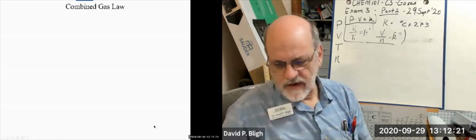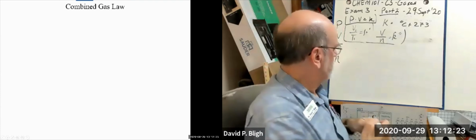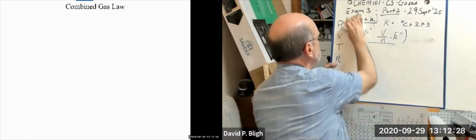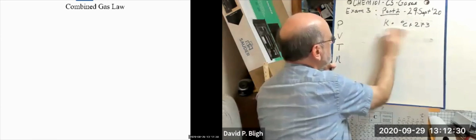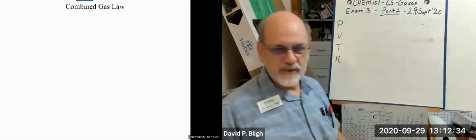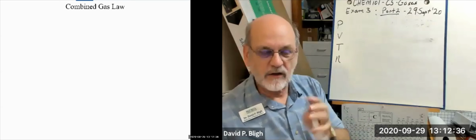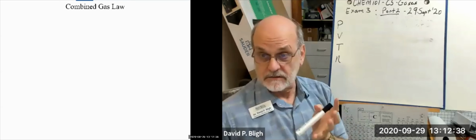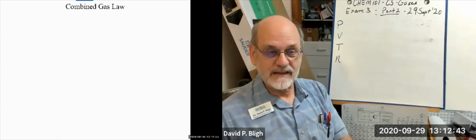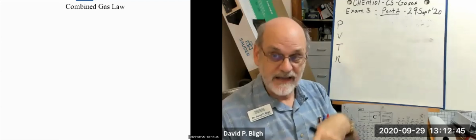Okay, so we've got these 3 gas laws, and for our purposes of understanding each law, we held certain variables constant, right? But in the real world, it's more likely that you'll have several things varying at the same time.